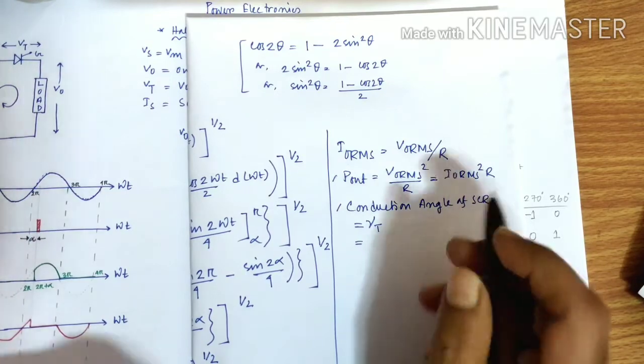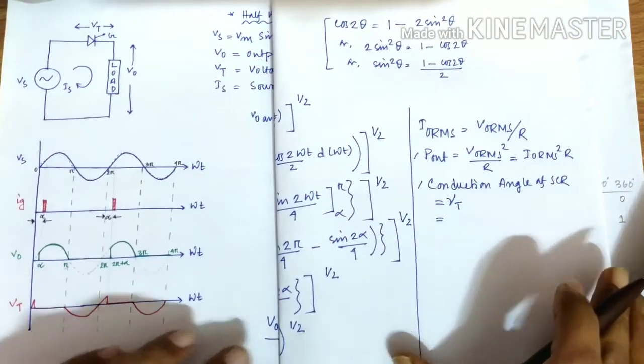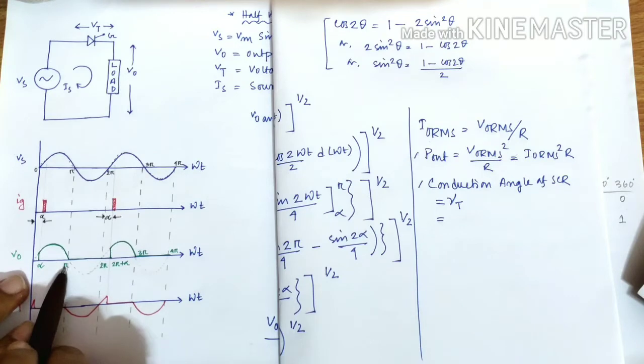Conduction angle of SCR means for what angle the SCR is conducting. Now from the diagram we can find during alpha SCR starts conducting, at the angle pi it ends its conduction. So during alpha to pi in this region SCR is basically on or conducting.